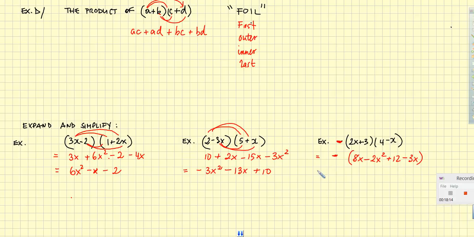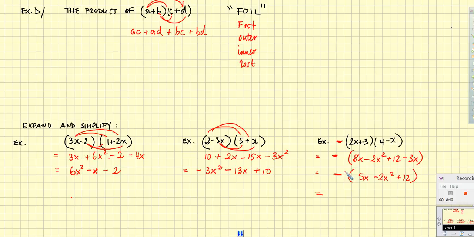I would then simplify, leaving the negative still on the outside, so that I have 8x minus 3x is 5x, minus 2x squared plus 12. And now, because I have the negative in front of that parentheses, I can change all the signs inside the parentheses in order to remove the parentheses.